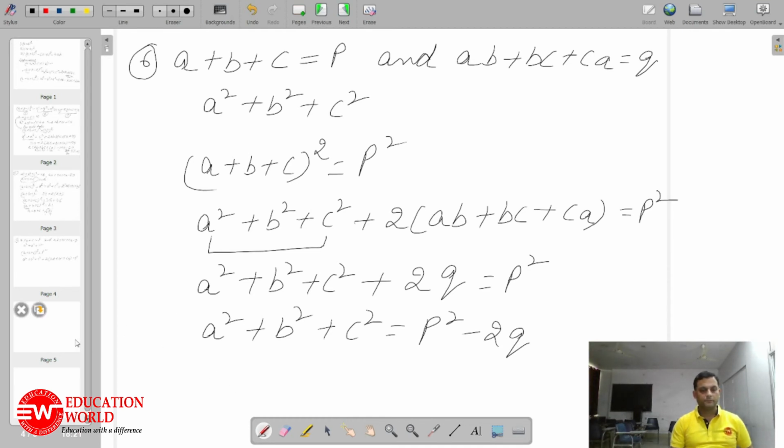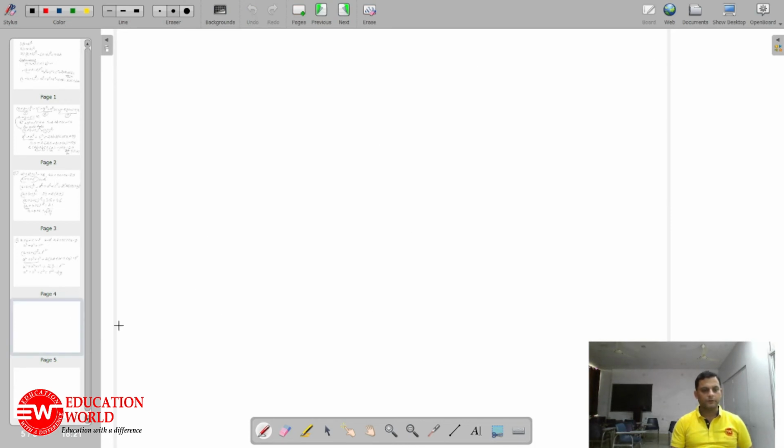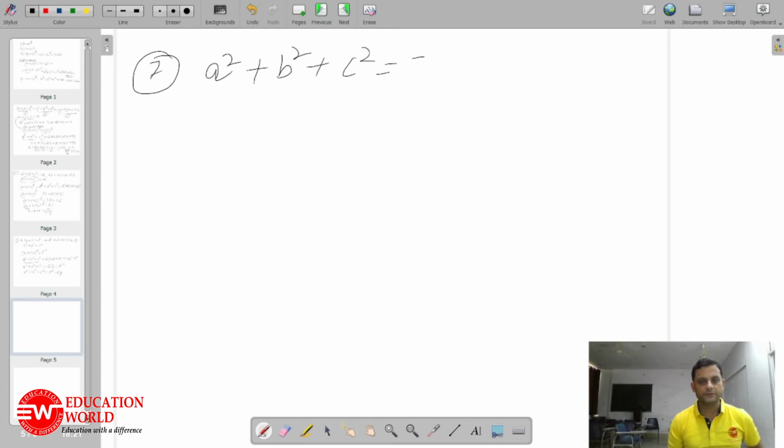Okay, now we will do the seventh one. It is again a square plus b square plus c square, they have given us 50, and ab + bc + ca, they have given us 47.